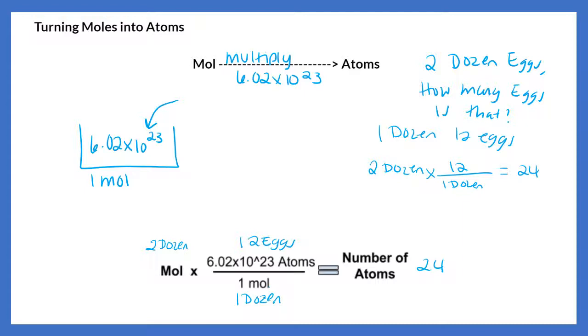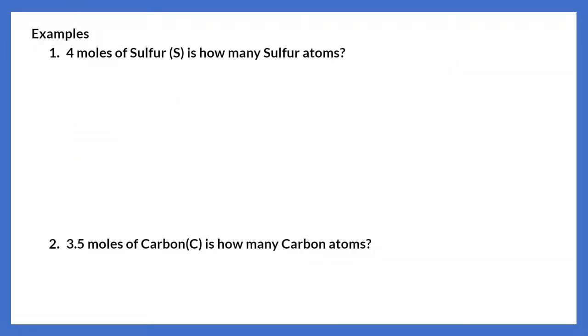Let's practice this a bit. So for example, I have 4 moles of sulfur, or 4 moles of sulfur is how many sulfur atoms? So start with what you have. You have 4 moles of sulfur. I know that in 1 mole, I have 6.02 times 10 to the 23rd atoms.